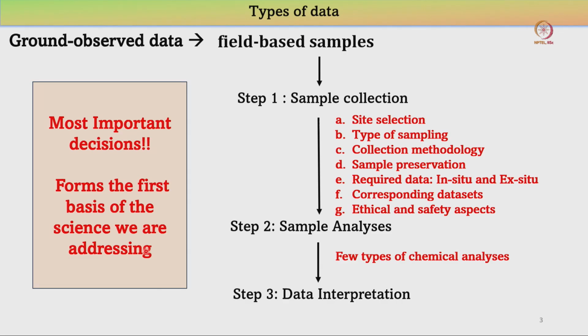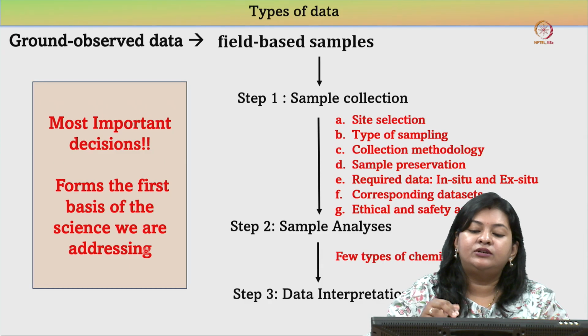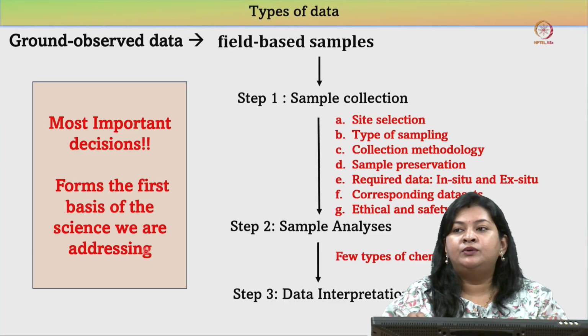Now, ground observed data in aquatic geochemistry is extremely important, almost as important as your data interpretation, because if during the process of sample collection you make a mistake, then it will translate into your data. You will be making an erroneous measurement, and you will not be able to make the rightful interpretation.